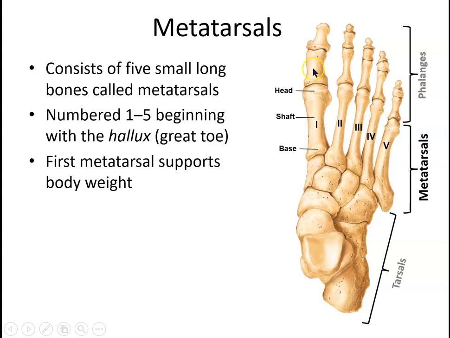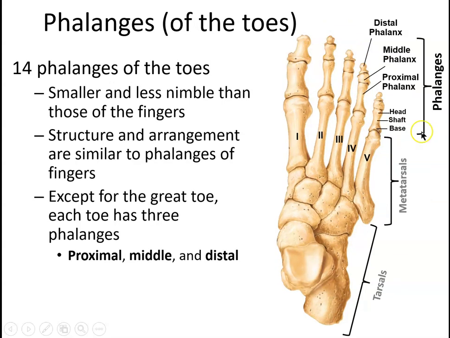And then just like in the hand, you have phalanges, proximal, middle, distal, and they're numbered 1 through 5, and the big toe doesn't have a middle. It just has a proximal and a distal.